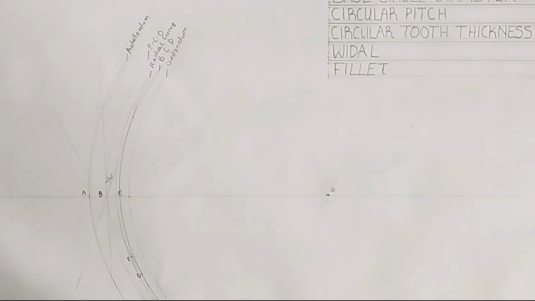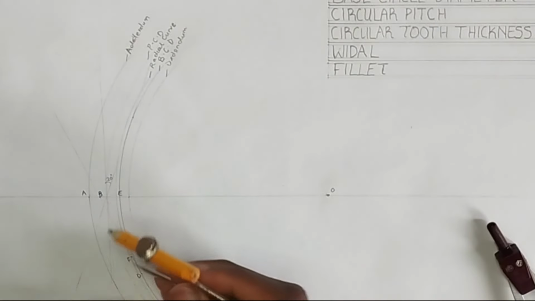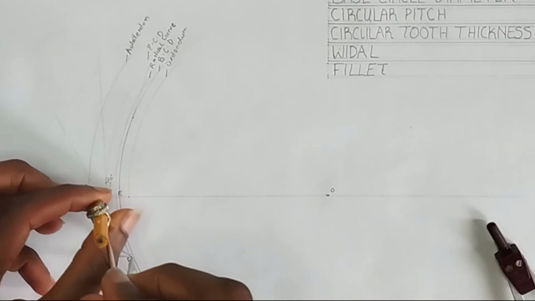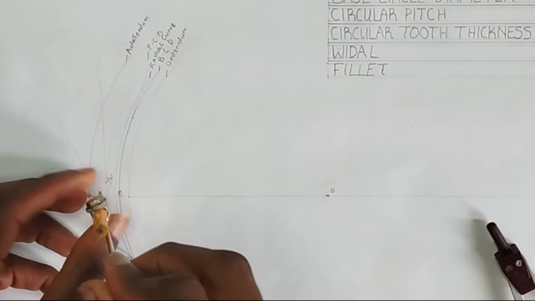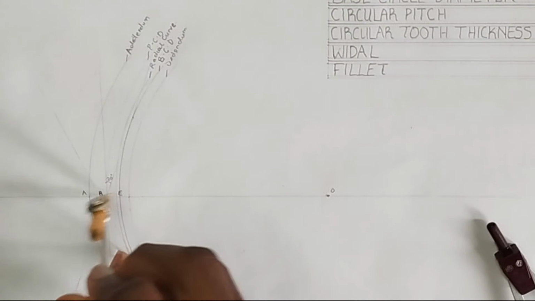Now we are going to pick our compass. Then from point F to point B, we are going to be drawing a profile arc, which is going to go thus, like this.